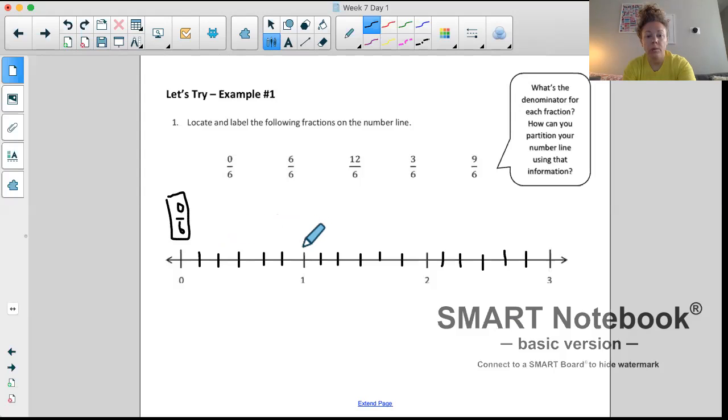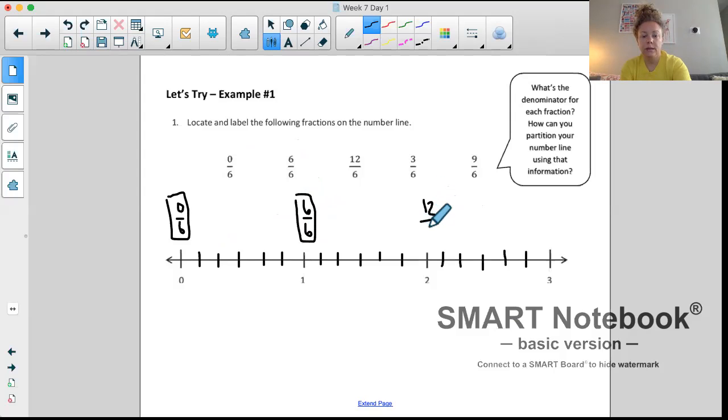Okay, 1 whole would be equivalent to 6/6. There's another one of our numbers here. We've got 2 done already. If 1 whole is 6/6, 2 wholes would be how many sixths?